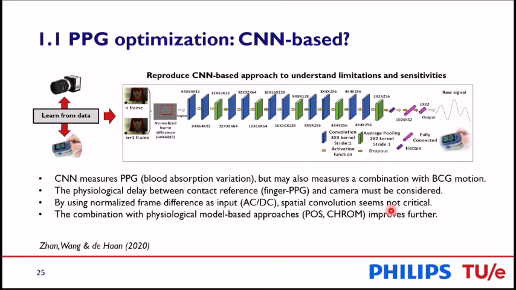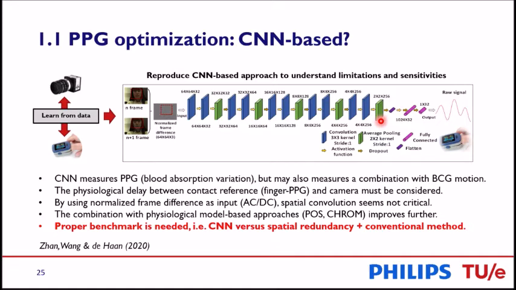And the fourth is that we find the combination with the physiological model-based approach, our method, Phosphor LED, still improves the result. For example, if the input data has been pre-processed by Phosphor LED, that improves the measurement.